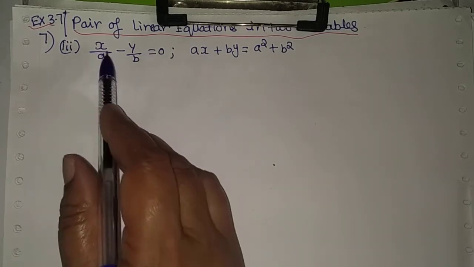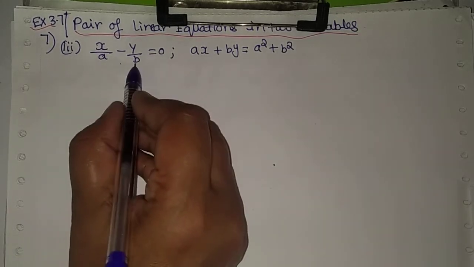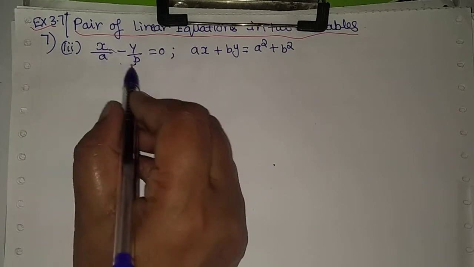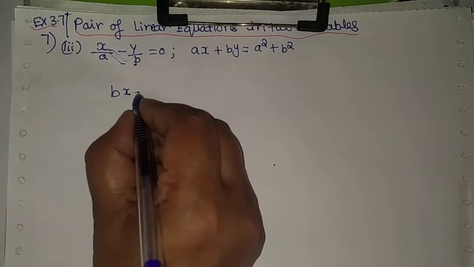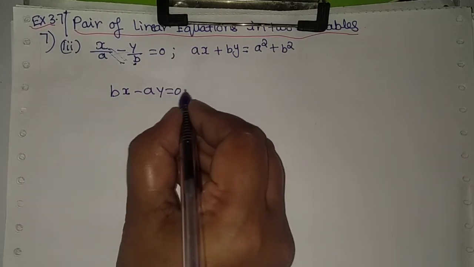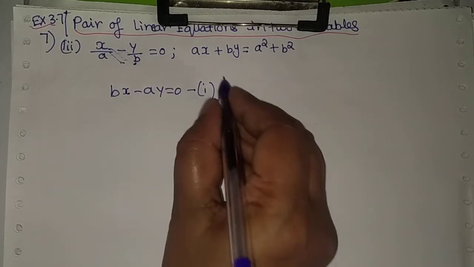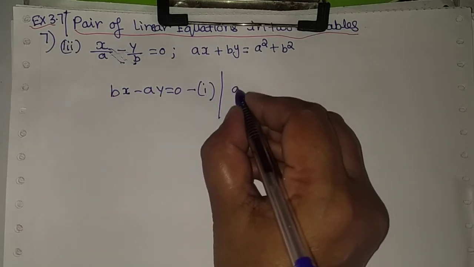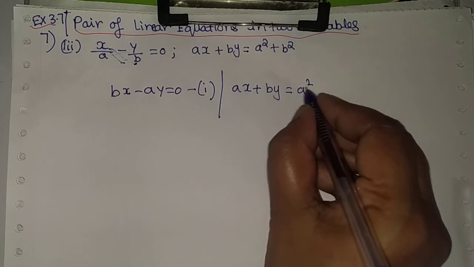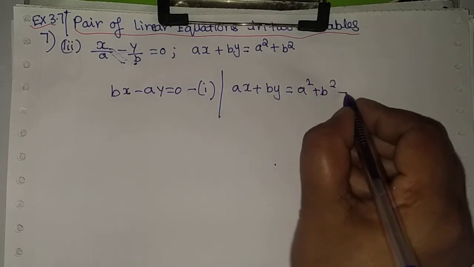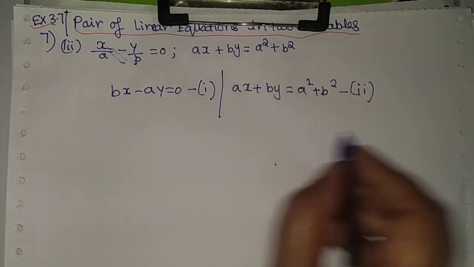So first step is, take this equation, cross multiply this. So what happens, cross multiplying, we get bx minus ay is equal to 0 as equation 1. Next is, this one keep as it is, equal to a square plus b square, as equation 2.